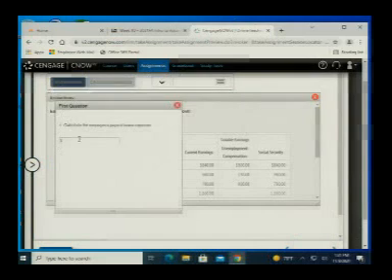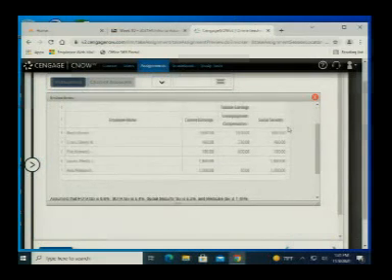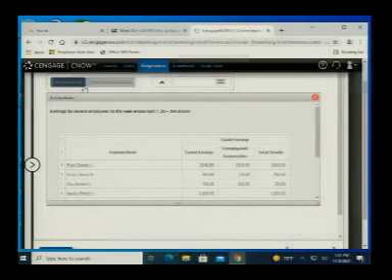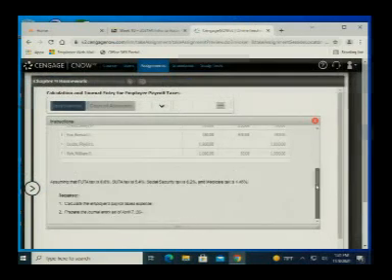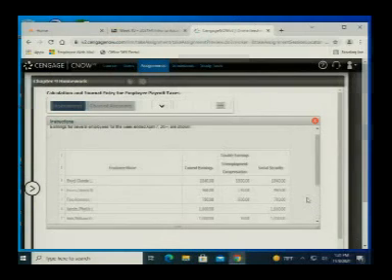So, first question, calculate the employer's payroll tax expense. They gave you the rates: FUTA 0.6, SUTA 5.4, Social Security, Medicare.